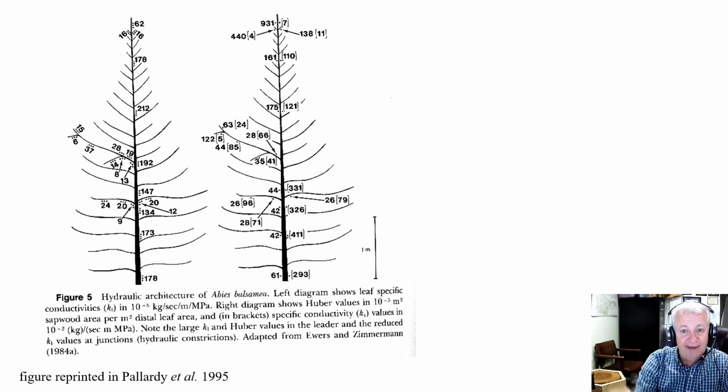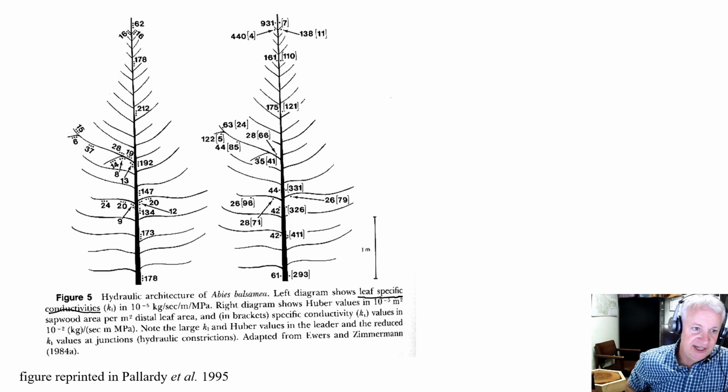And then they measured how much water came out under that pressure gradient. And in this case, they normalized it by the leaf area downstream from that segment of xylem. So these are leaf-specific hydraulic conductivities, as we've described earlier.